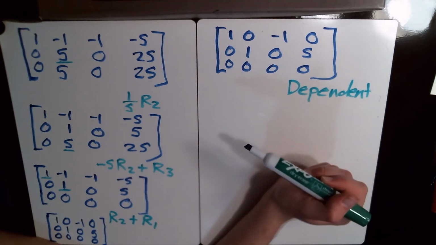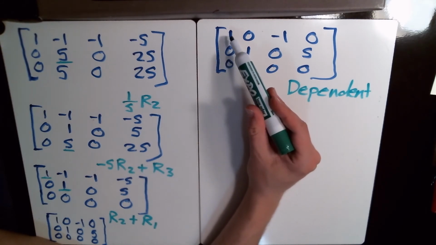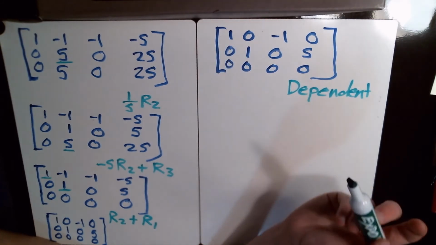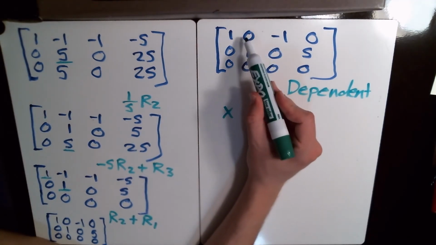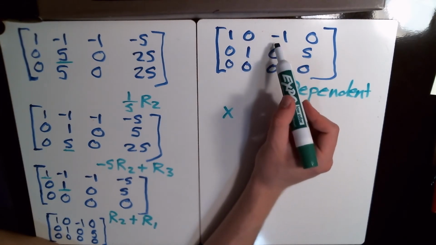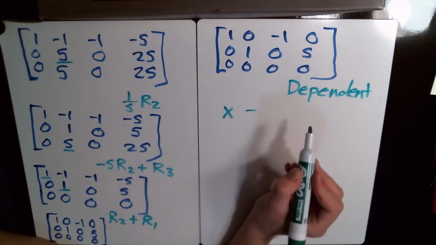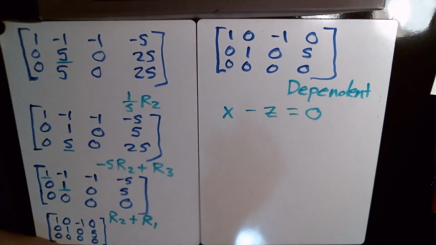Okay, so this 1 here corresponds to x, right? So that means 1 times x, and then this corresponds to y. We've got 0 y's, so we don't need any of those. And then minus a z is equal to 0. Okay.